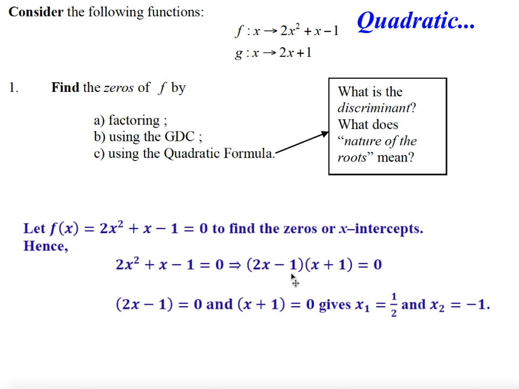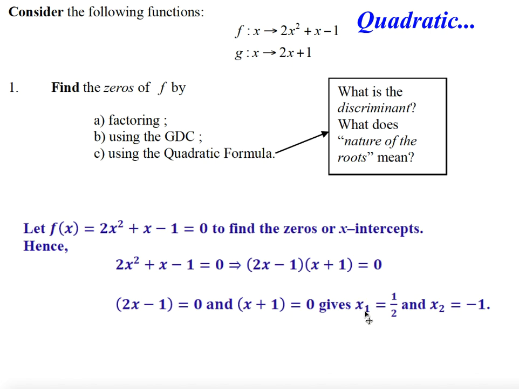So if two factors multiply to be 0, of course, then one of those factors is 0, the other one is 0, or they're both 0, because 0 times 0 would also equal 0. So the x value that zeroes out this factor, that would of course be 1/2 when you solve that little equation. This guy's directly -1.